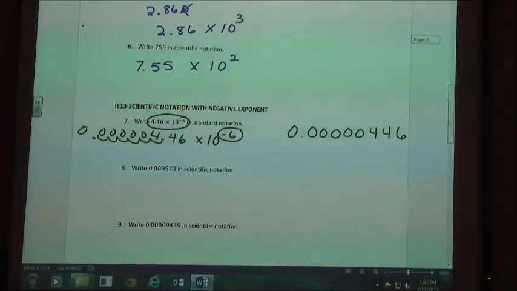So, grab your calculator there. Put in 4.46 times 10 caret negative 6. What happens?